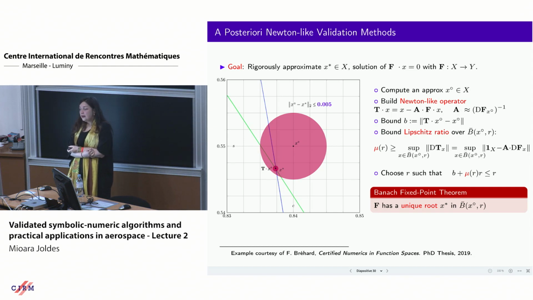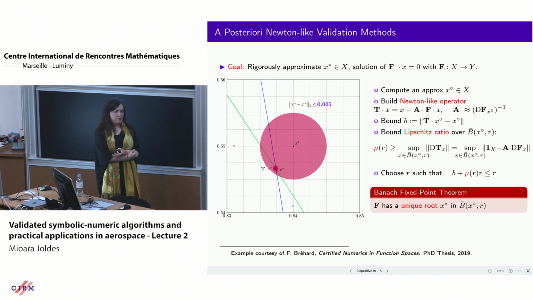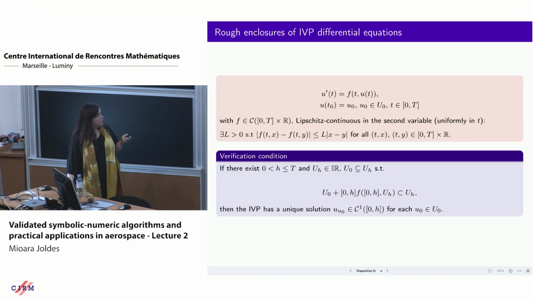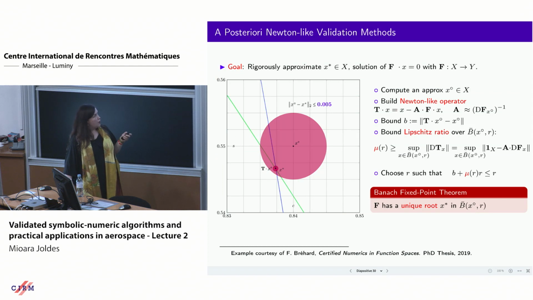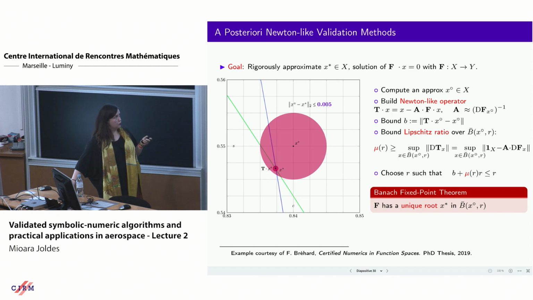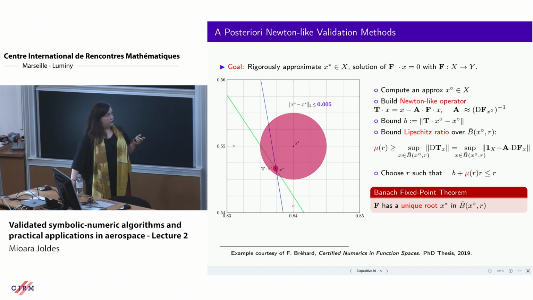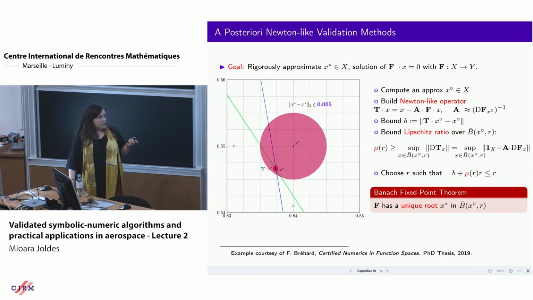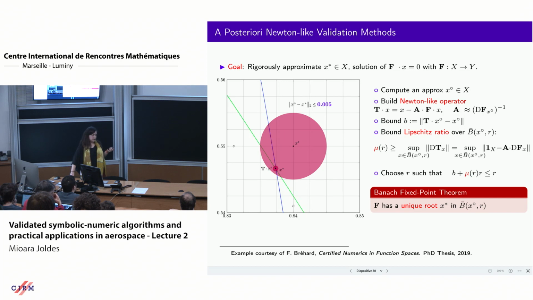So this was based on the fact that we are able to have a bound on the Lipschitz constant of the operator, or on the Jacobian, but maybe in some cases we don't have that.